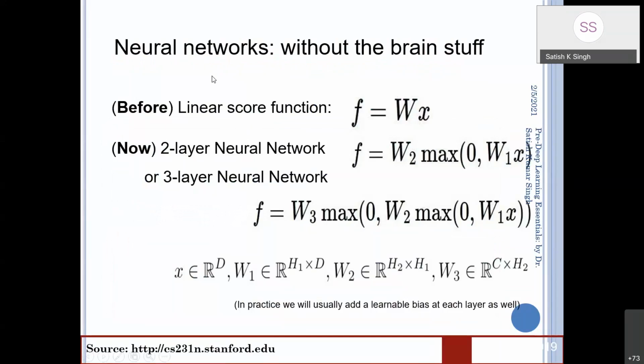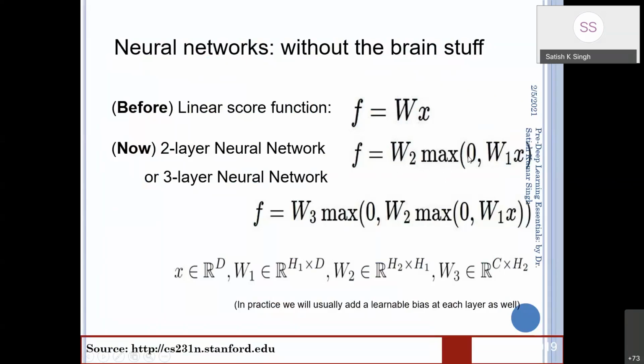So let us discuss neural networks without the brain stuff. The linear score function: for a linear classifier, f is Wx. This is the representation of a linear classifier. How will this linear classifier be converted into a non-linear classifier? For a two-layer neural network, f is W2 max(0, W1x). Here we have used a max function, which is basically a non-linear function.